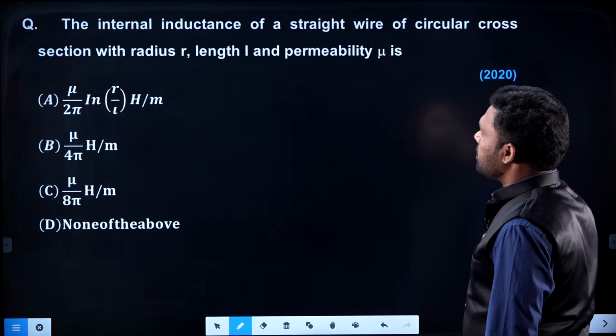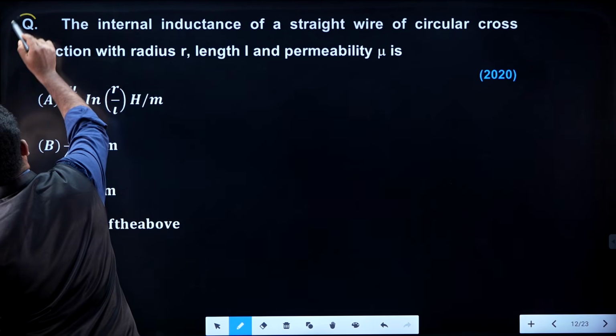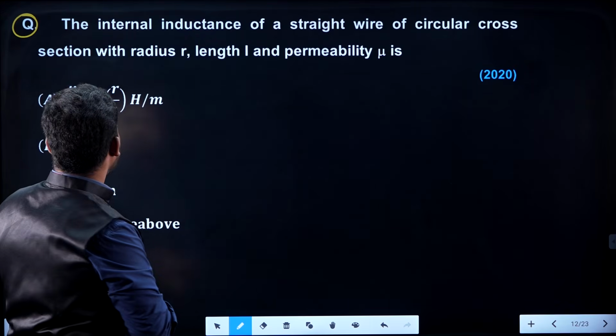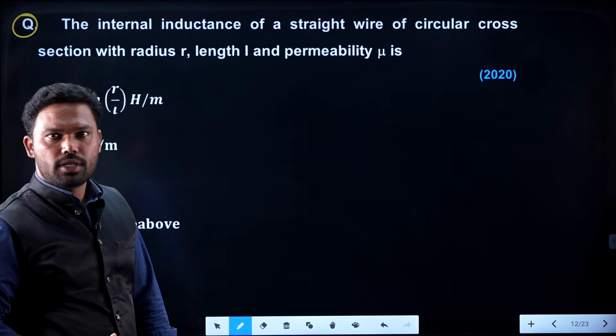Yes, these are directly formula based. He is asking us to find out the formula. What is the formula? The internal inductance of the straight wire of a circular cross section with a radius r and length L and permeability mu is.